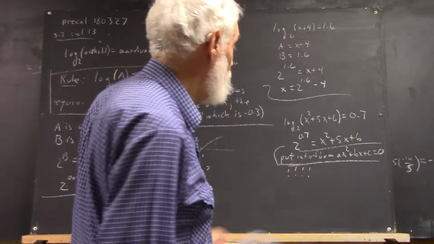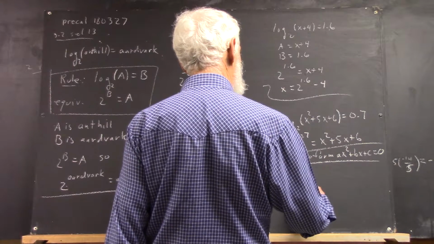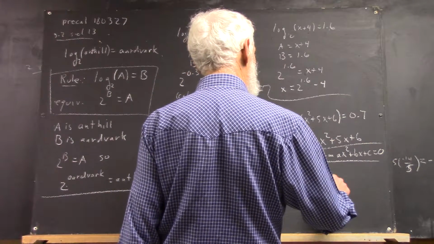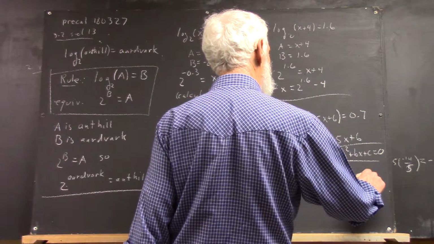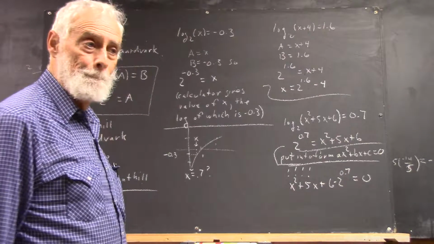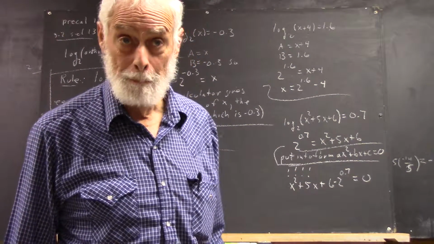But if you put it in the form of a quadratic, you get x squared plus 5x plus 6 minus 2 to the 0.7 equals 0, right? Well, what's 2 to the 0.7 power?